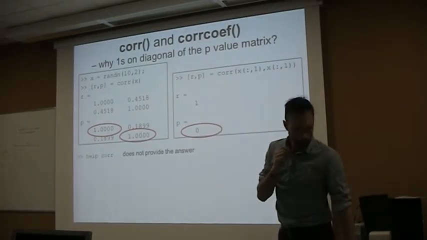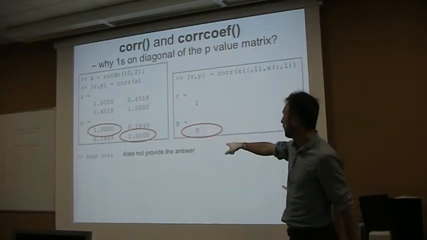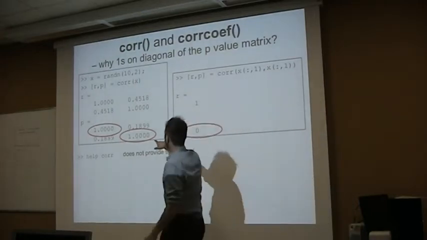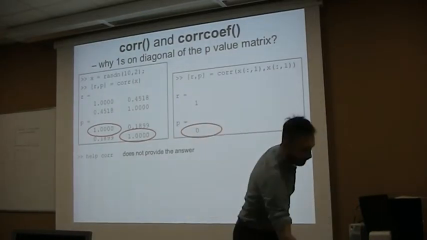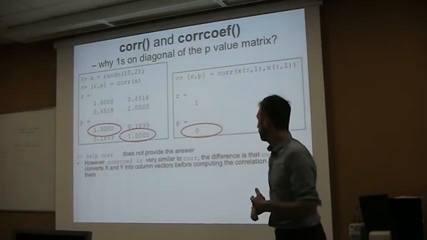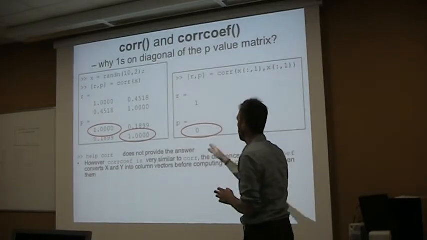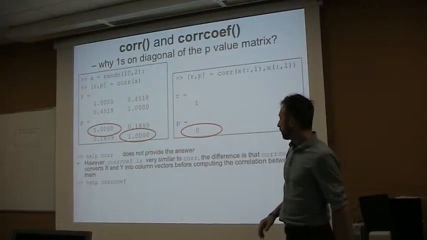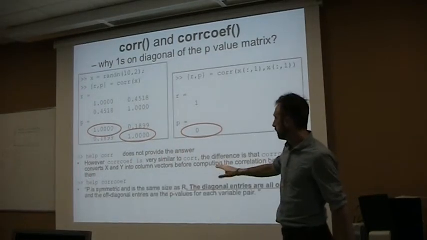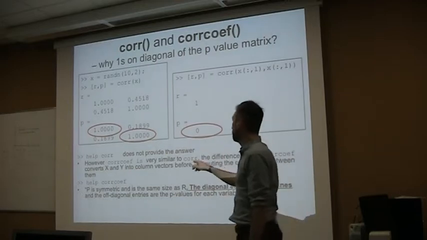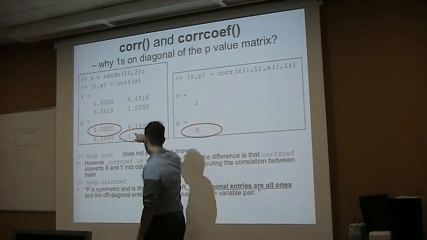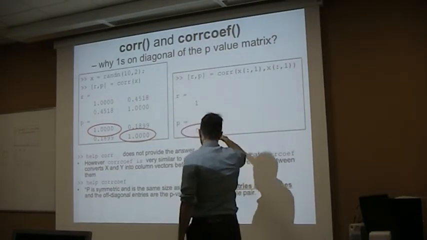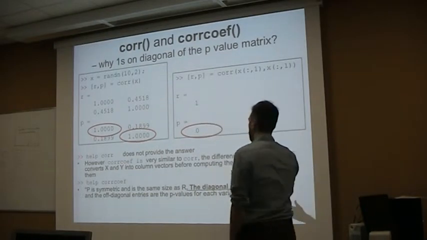Looking around, the help of corr doesn't provide the answer for why there are 1s in here. However, there's a very similar function which is corrcoef, and you can look up why it's similar. If you look into the help of corrcoef, it tells you that P is symmetric, the same size as R, and the diagonal entries are all 1s.